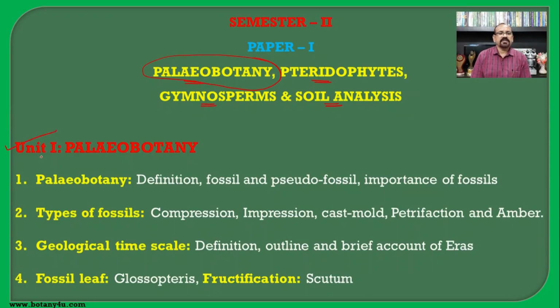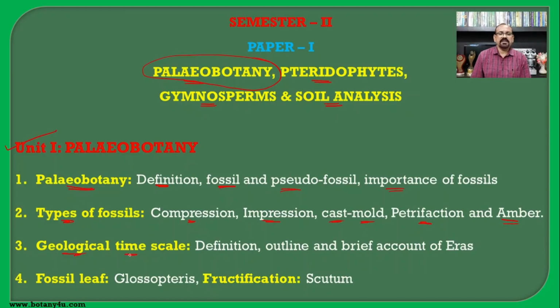In this unit, the syllabus includes Palaeobotany, which includes the definition, fossil, pseudofossil and importance of fossils. Then types of fossils, that is the compression, impression, cast and the mold, then petrifaction and amber.